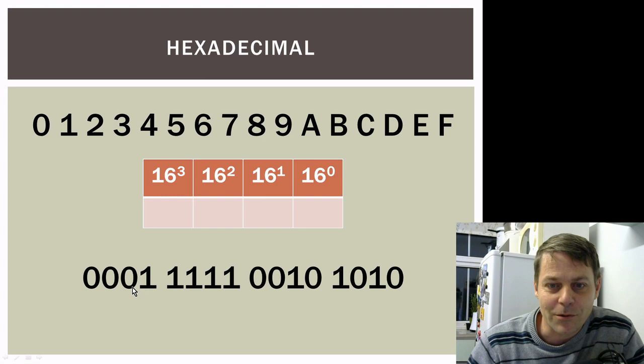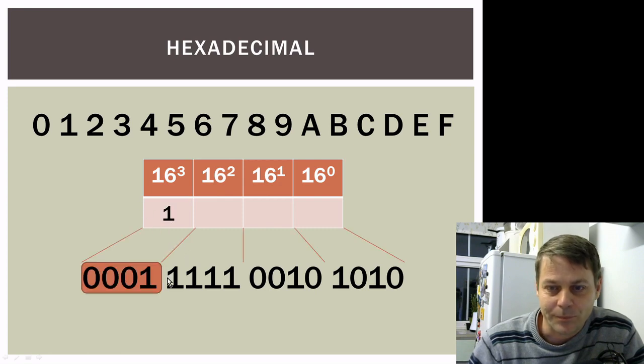So 0, 0, 0, 1 is 1 in decimal, also 1 in hexadecimal, so let's put a 1 in there. 1, 1, 1, 1, that would be 1 plus 2 plus 4 plus 8, so that's 8, 9, 10, 11, 12, 13, 14, 15, or maybe more appropriately I should say 8, 9, A, B, C, D, E, F, so that's an F in there.